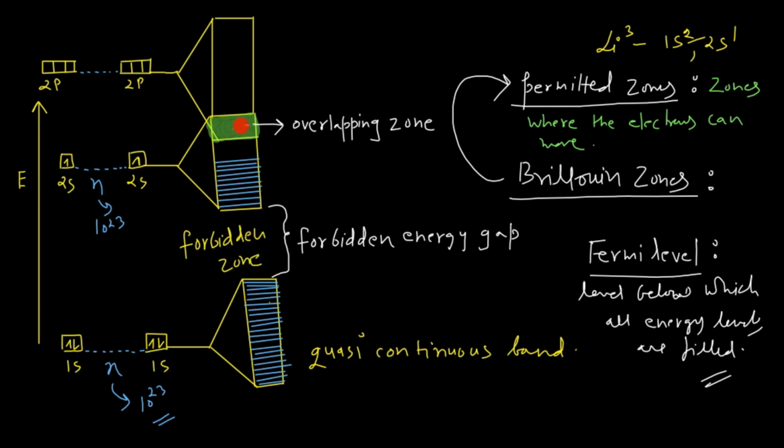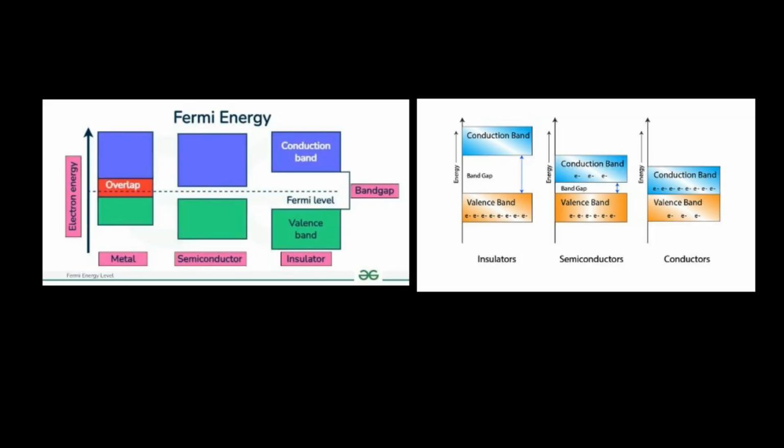Now based on this energy gap and this overlapping zone, based on this band theory, we can describe the nature of the material as conductors, insulators, as well as semiconductors. So, for example, first of all, you see both diagrams are the same.